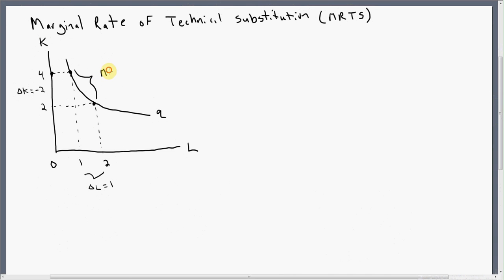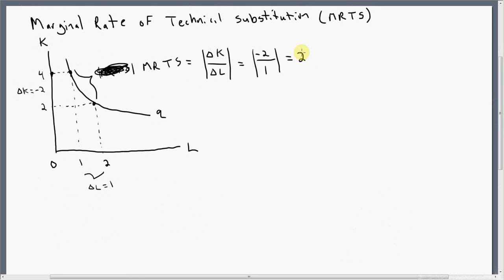The marginal rate of technical substitution, then, I'm going to define it in an absolute value, as the absolute value of the change in capital over the change in labor, which just equals 2.